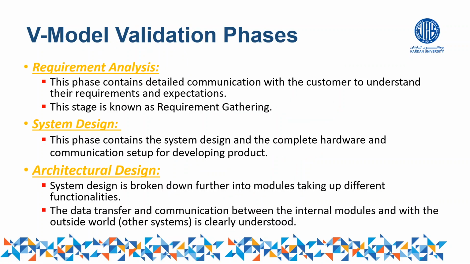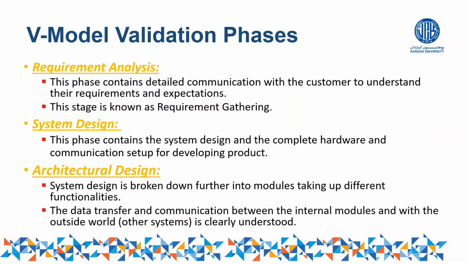Now these are the general phases of the V model. Remember, as I told you, first of all we have to collect requirements, and then the requirements would be analyzed for the verification. This phase contains detailed communication with the customer to understand their requirements and expectations.